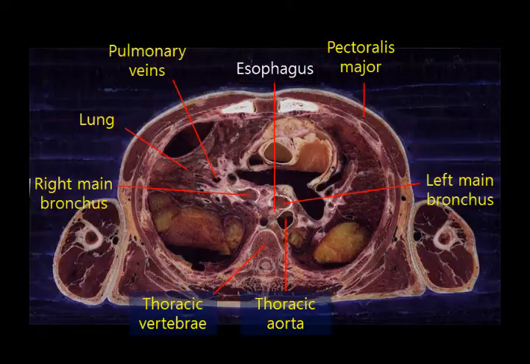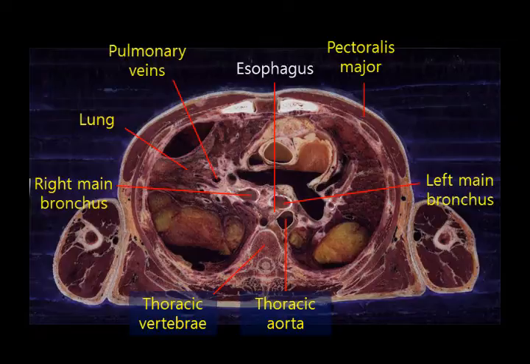On this sectioned image, you can see numerous systems: the digestive system, bone system, muscular system, respiratory system, and cardiovascular system.